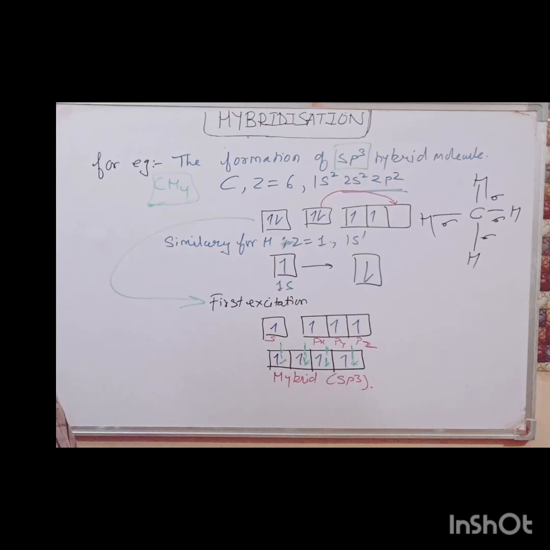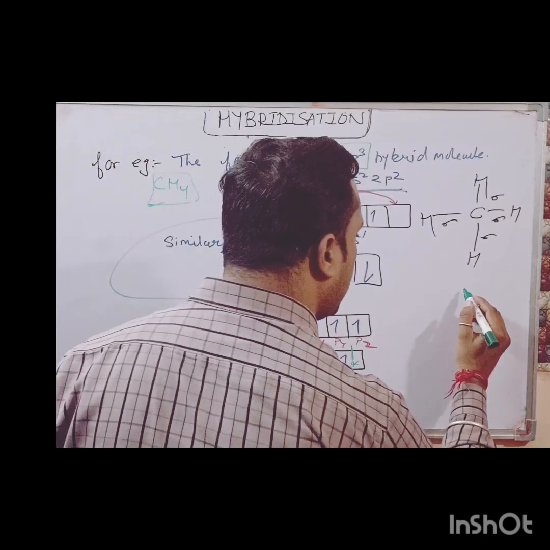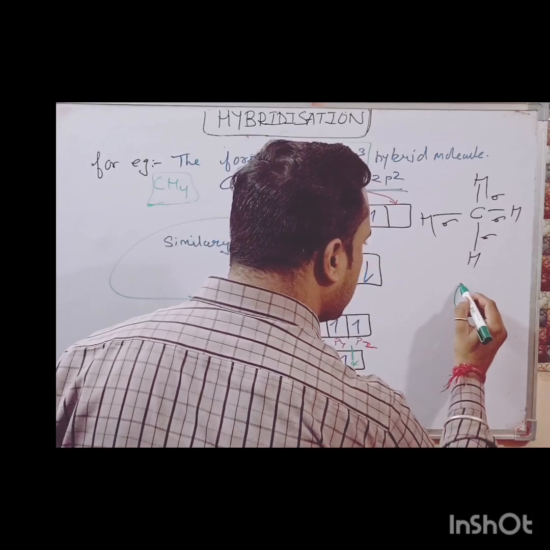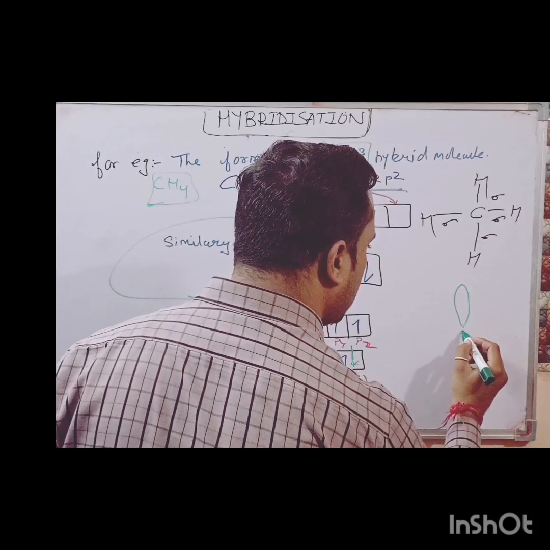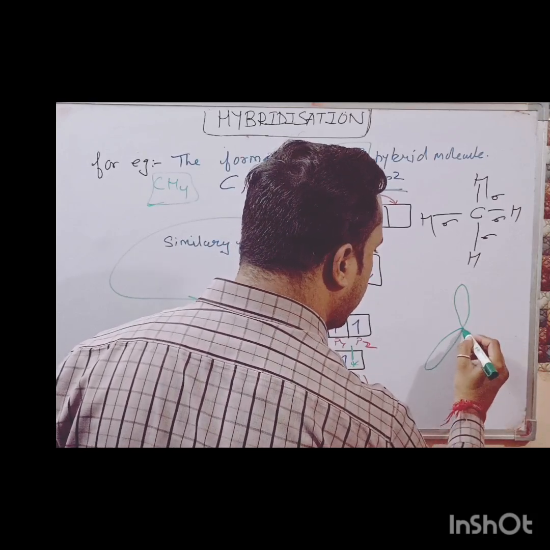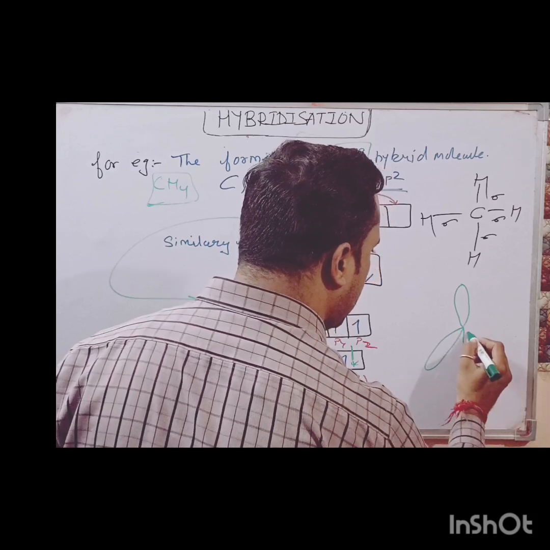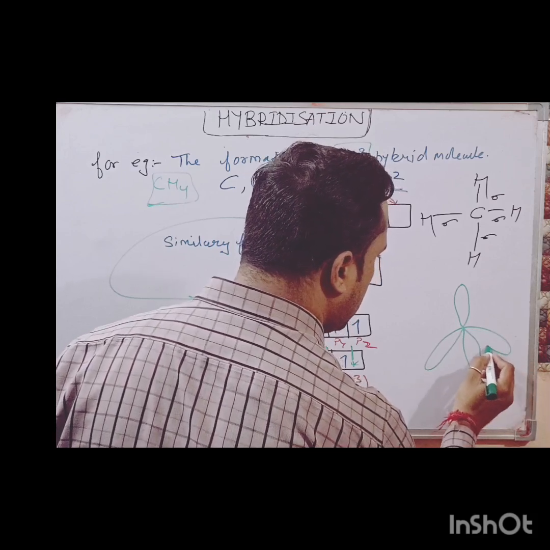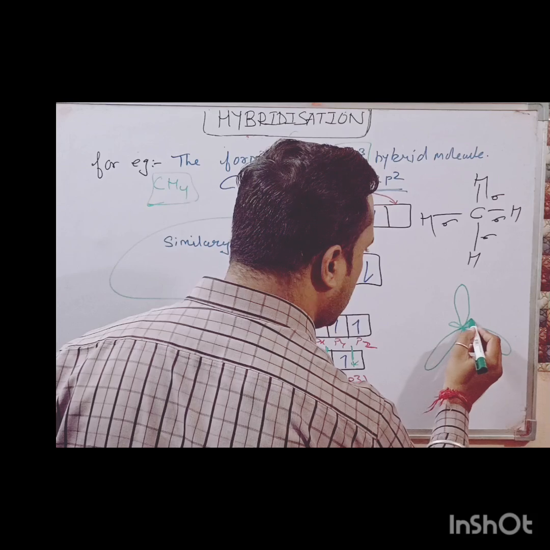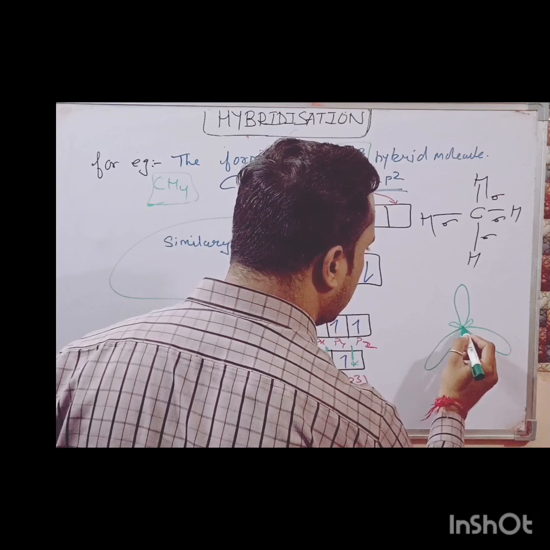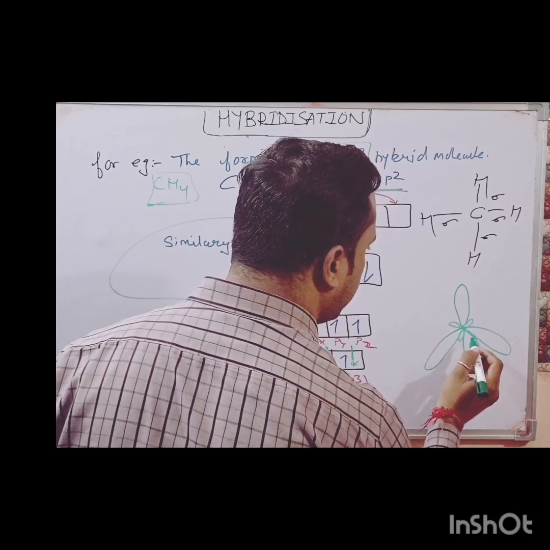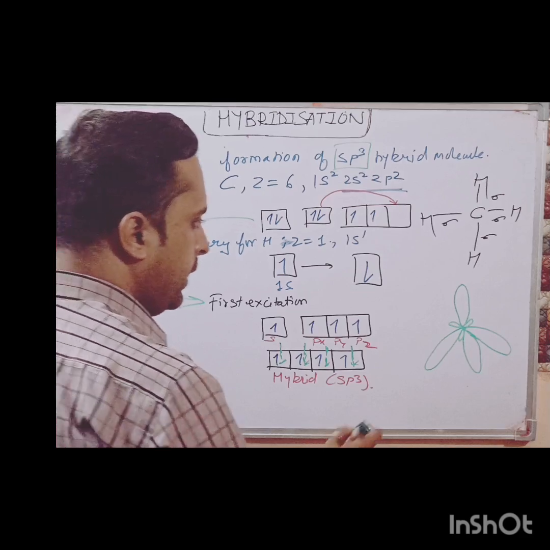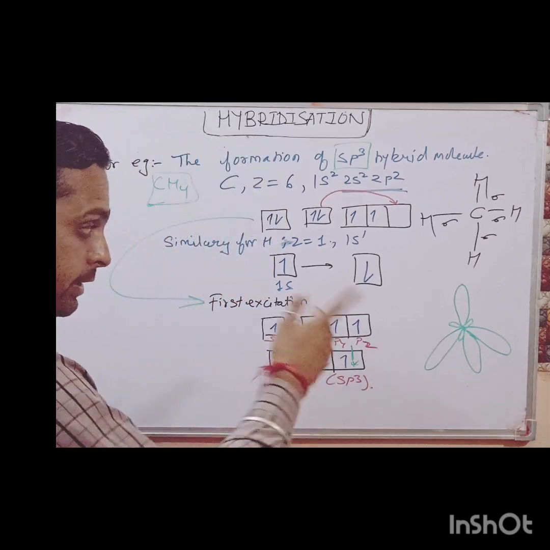Now let us understand the geometry of the molecule. This type of geometry is called tetrahedral geometry.